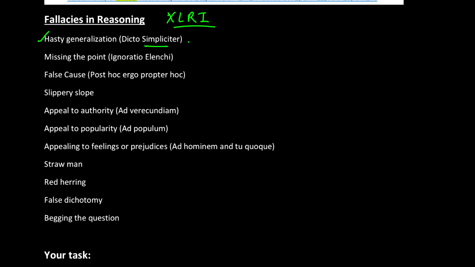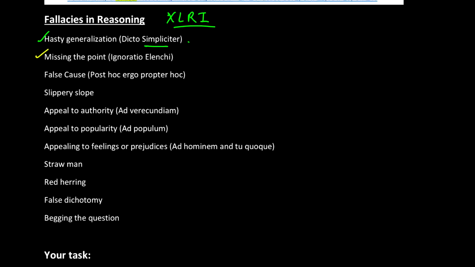Wealthy people are snobs. These are some general stereotypes which we have created. If you have this kind of stereotype in your mind, you will always end up choosing a wrong option. They will definitely give you one of the five options which will be highly influenced by your biases or your stereotypes. So you have to save yourself from that.